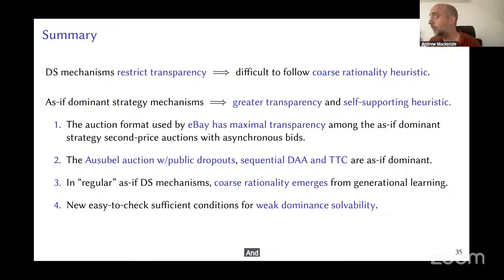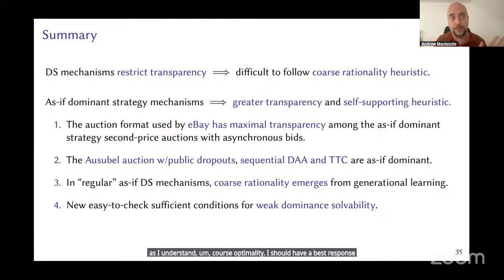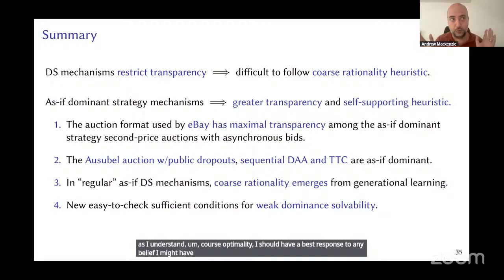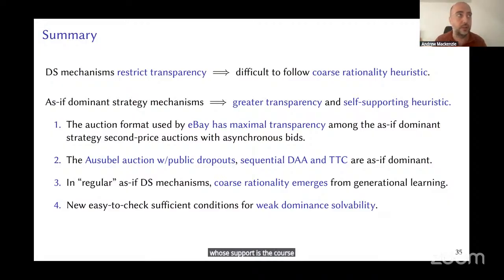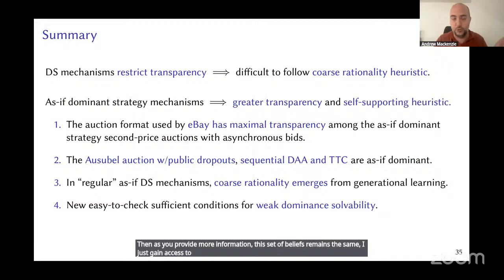And my intuition is that must be very closely related to bossiness, in the sense that, as I understand obvious optimality, I should have a best response to any belief I might have whose support is the course strategies. Then as you provide more information, this set of beliefs remains the same. I just gain access to new strategies.